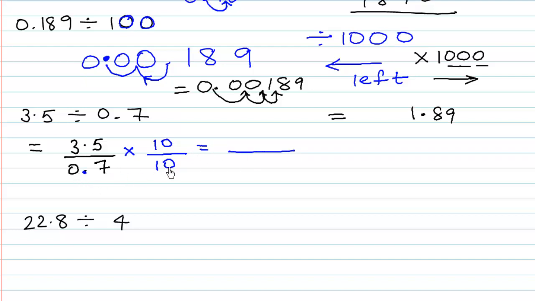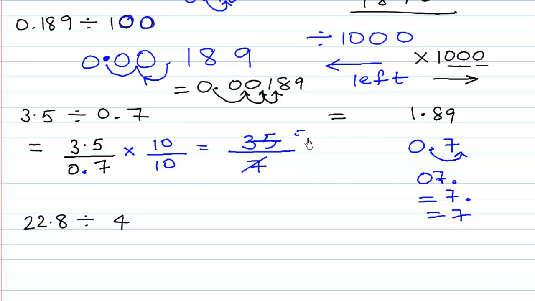So 0.7 multiplied by 10 is simply 7. How? Because 0.7 when multiplied by 10, the decimal point shifts towards the right, and this becomes 07 point, which is nothing but 7. In the same way, 3.5 multiplied by 10 becomes 35. The decimal point shifts over here also. Then we know 7 ones are 7, 7 5s are 35, and therefore 5 is the answer. So 3.5 divided by 0.7 is 5.